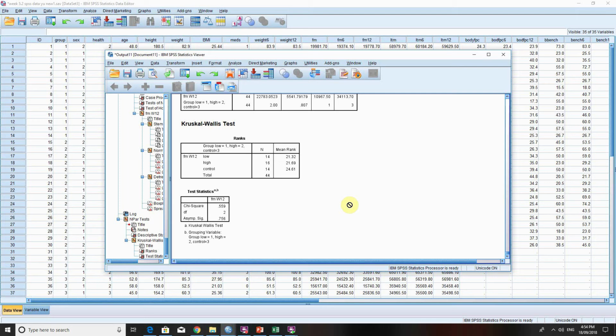The Kruskal-Wallis test determined there was no significant difference between the low, high, or control groups in fat mass at week 12. Chi-square value equals 0.559, P equals 0.756.